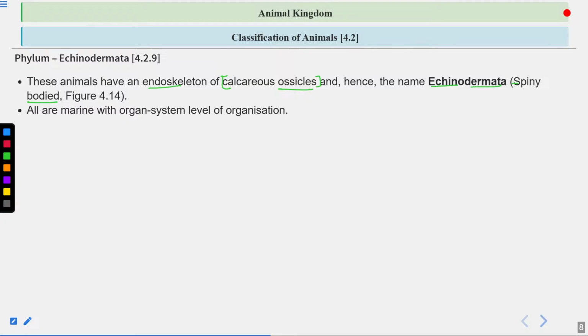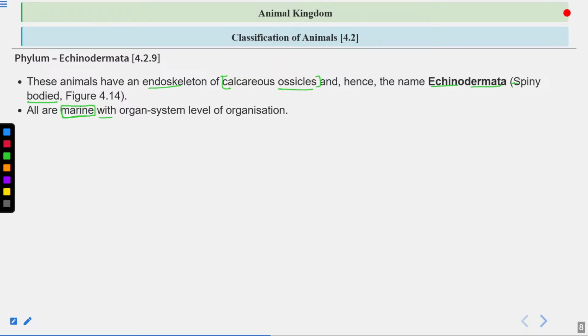All are marine, meaning they live in sea or oceans. They live in salty waters. Clear? All are marine with organ system level of organization. So organ system level of organization means what? Again, it means they have organ systems in them.